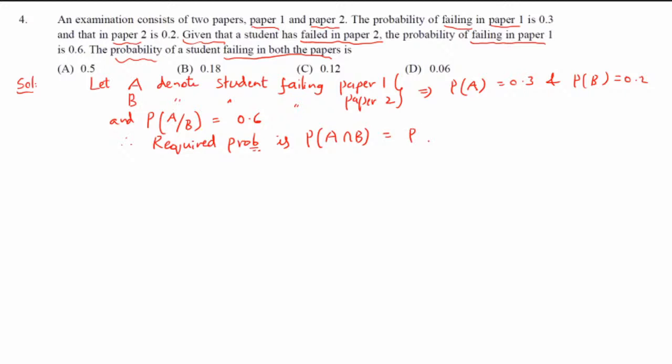Paper 2 means B. So P of B multiplied with the probability of failing in paper 1, paper 1 means A, given that B. So here finally we are finding the probability of event A after the occurrence of event B. So this is 0.2 into 0.6 is equal to 0.12. This is the answer.